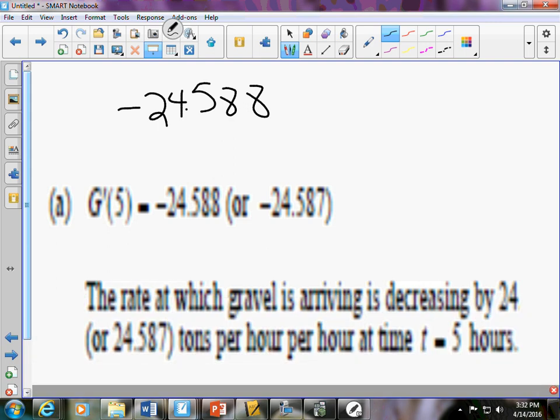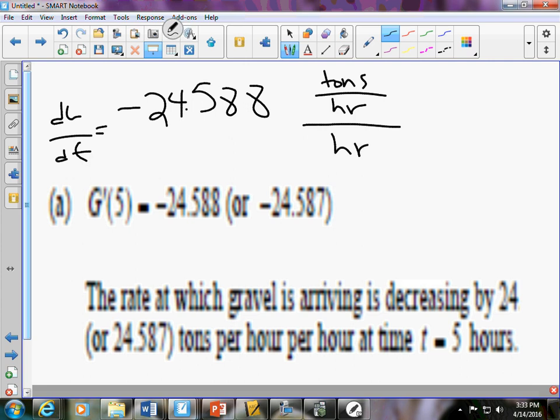Now the units we have to give. Whenever you get the derivative, to get the units you divide. So G prime is dG/dt. So the units of G would be tons per hour. That's what G of t is measured in, and you have to divide it by the units of time, because I know we call it G prime, but that's dG/dt, you divide.